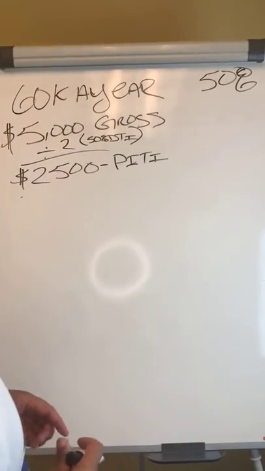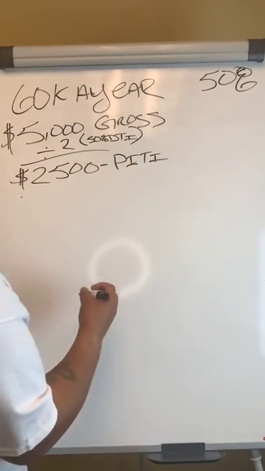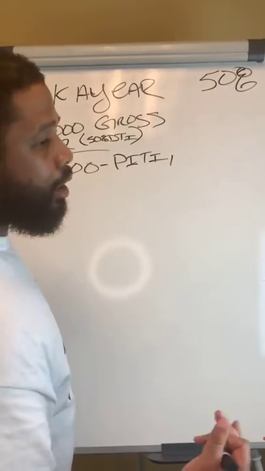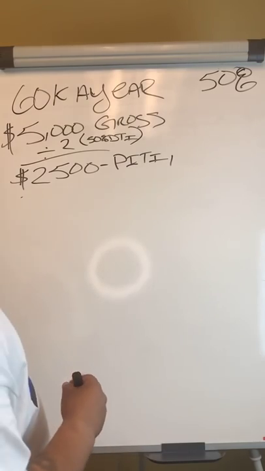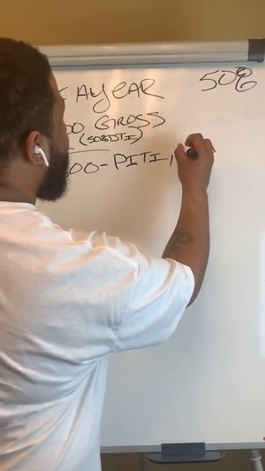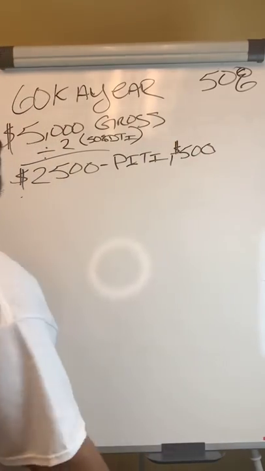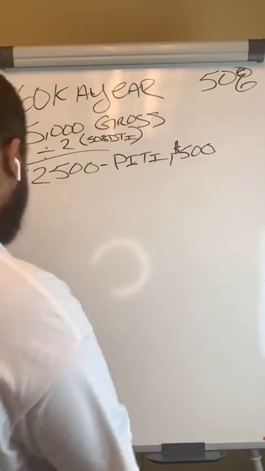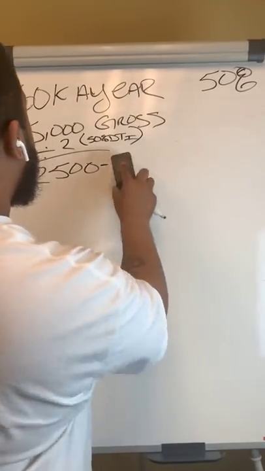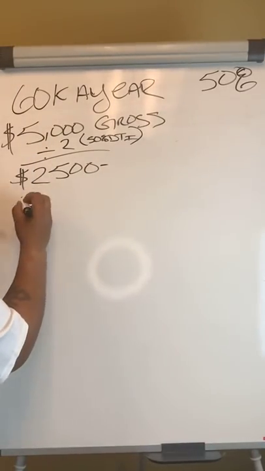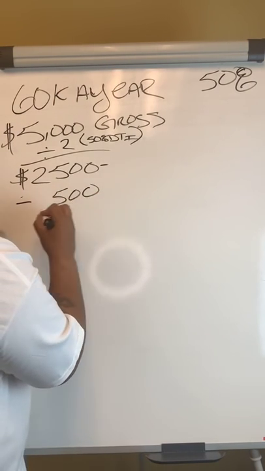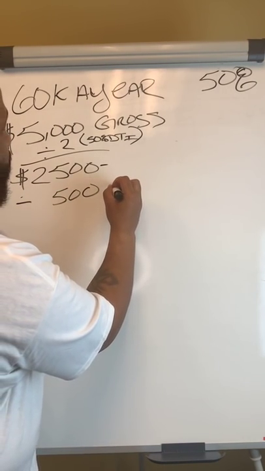All right? So you got your PITI that's included into that $2,500. Let's just say with a car loan and some credit cards, everything comes up to $500 a month. I just want to use simple numbers. So you do $2,500 minus $500 a month.